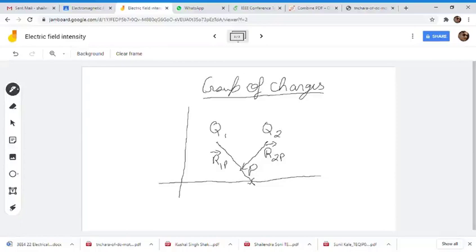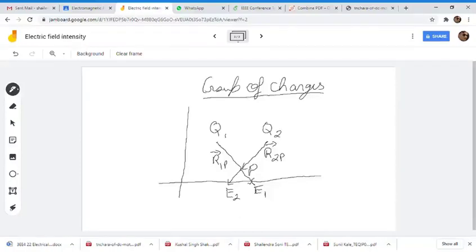So the electric field due to Q1 will be in the direction of R1P. So we can write it as electric field due to 1 on P, and this electric field due to Q2 in the direction of R2P. So we can write it as E2.